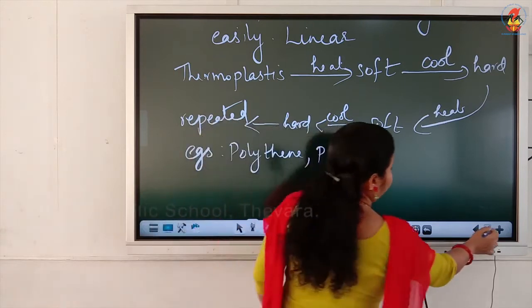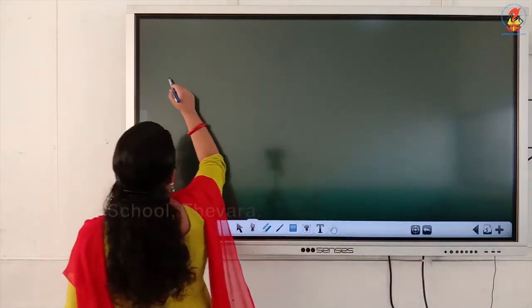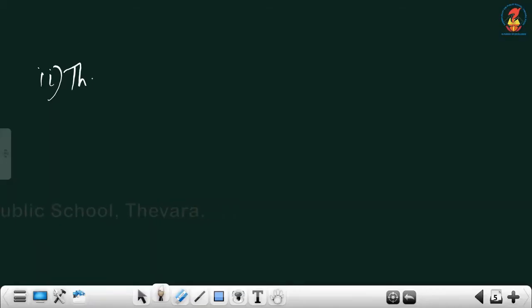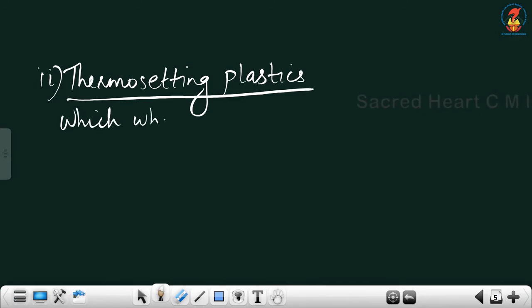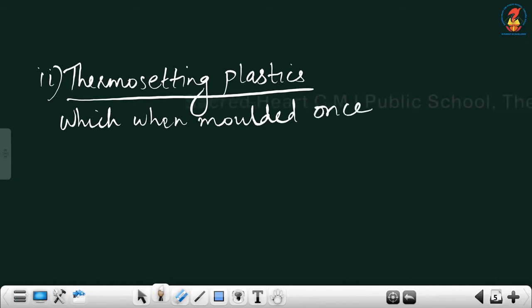Now, the second type of plastics. Thermosetting plastics. Here, these are plastics which when molded once. What do you mean by molded? Made into a particular shape.